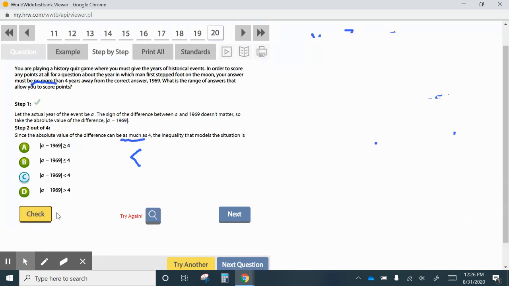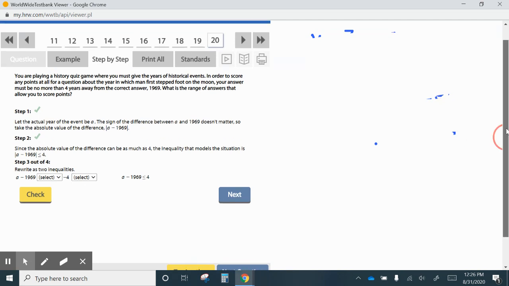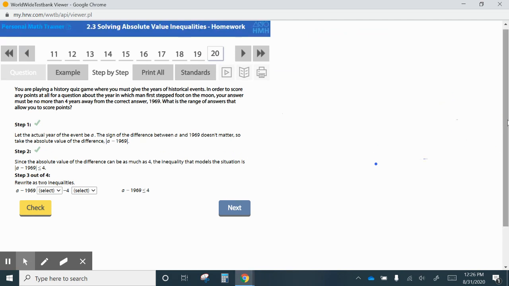What did I miss here? All right, so I misspoke. When it says as much, it can't include 4, so it's less than or equal to.